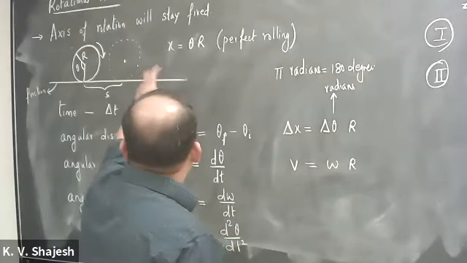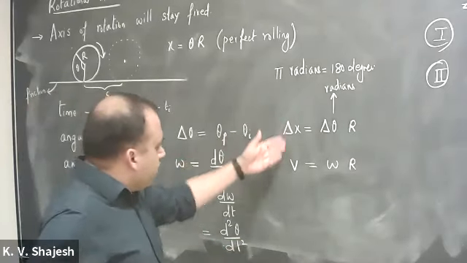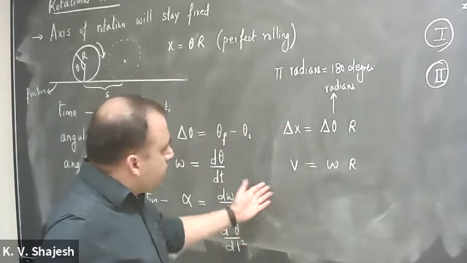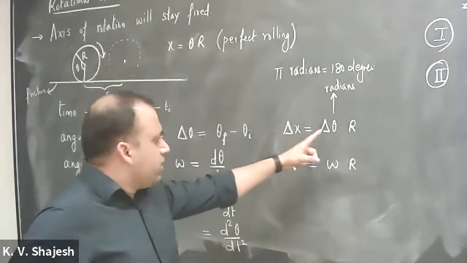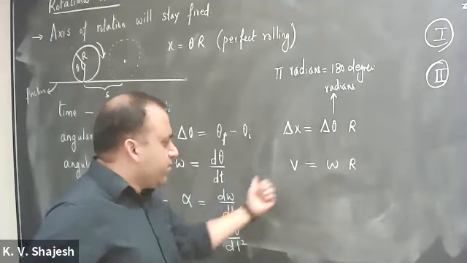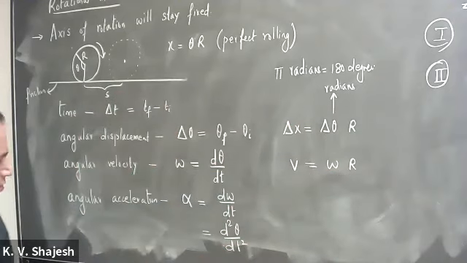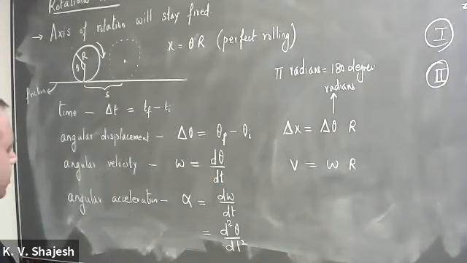In fact, in problems like this, when it is perfectly rolling, if you know the linear quantities, you can divide by the radius and get the angular quantities. Or the other way, if you have all the angular quantities, multiply by the radius, and you can get all the linear quantities. By linear, I mean quantities related to translational motion, as you're proceeding forward, versus rotation.